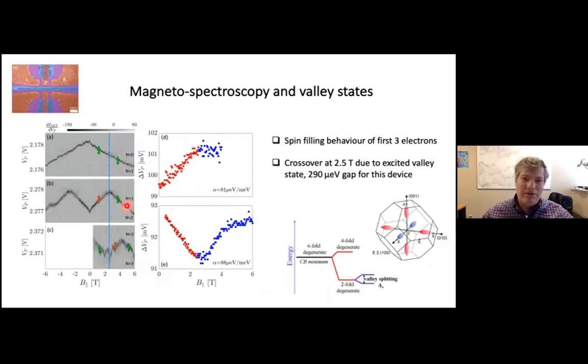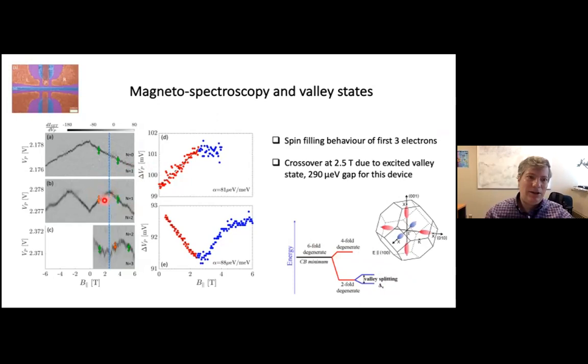Well, in silicon, you have multiple conduction band valleys. And in a 2-DEG, you end up with the two lowest valley states that are nearly the same in energy, but typically are split by a small valley splitting energy. So at 2.5 Tesla, the upper valley state spin down configuration becomes lower in energy than the lower valley state spin up configuration.